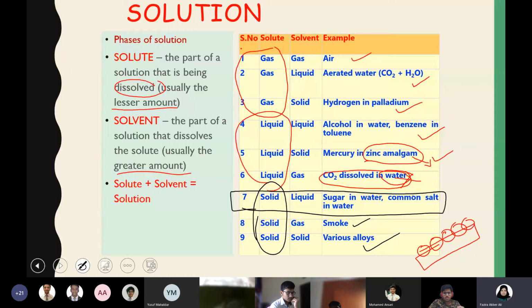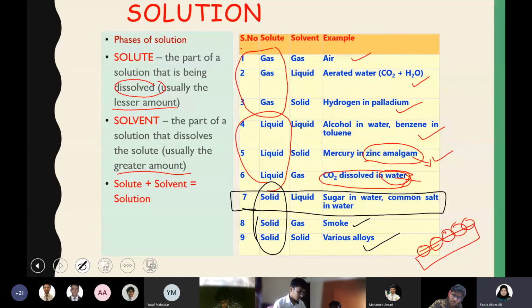If you take any example like brass, bronze or steel, or alloys of tungsten used as a filament, if you take any combination of metals, one metal will be more than the other, but both of them are in a solid state. So that is considered a solid solution. Alloys are also known as solid solutions, where two or more metals are homogeneously mixed together. That is what an alloy is.